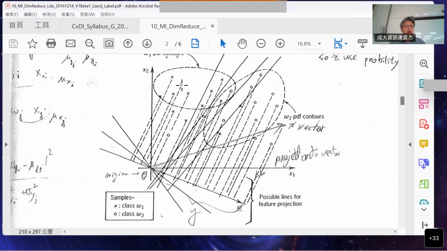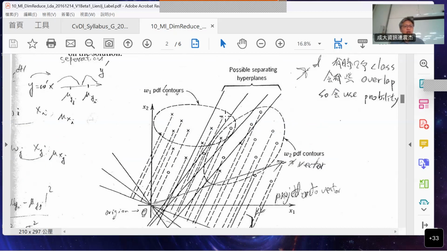One is the cross mark, 打叉叉. The other is circle, the dot or the circle. And can you find a best discrimination line, this one, to separate both classes? So how can we find the discrimination line to separate both classes?